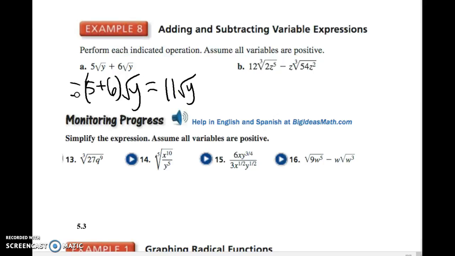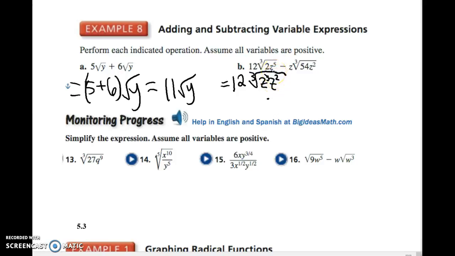For part B, it's a little more complicated. I see 2z to the 5th and 54z squared inside the cube roots. I want to try to get those to be the same. So I'm going to keep the 12, and then I'm going to say this is the cube root of z to the 3rd times z squared.